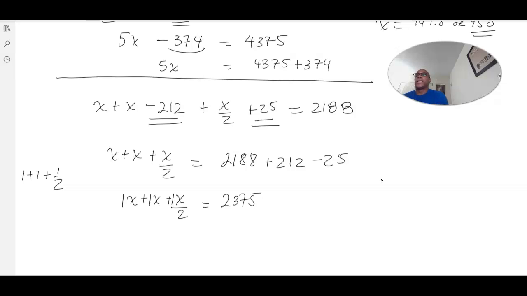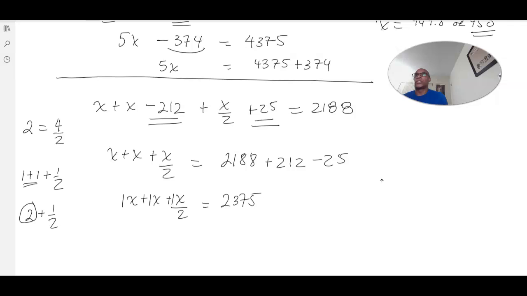In order to do that, I can do the 1 plus 1, right? That's 2. And 2 plus 1 over 2, right? Now, this is a whole number and this is a fraction. Obviously, I cannot add 2 with a fraction, so I need to change this 2 into a fraction that has the same denominator. So basically, 2 is the same thing as 4 over 2, right?